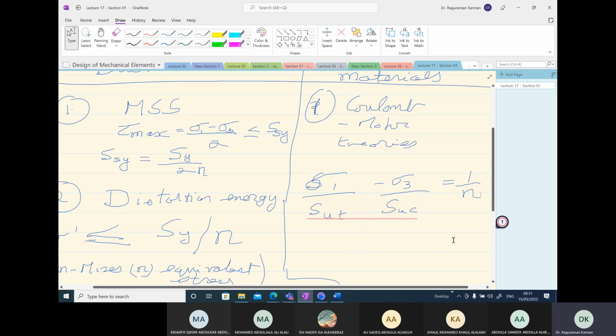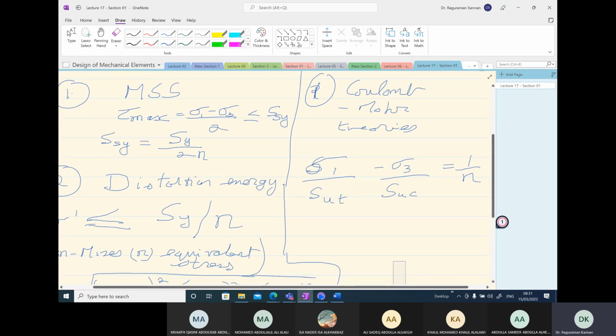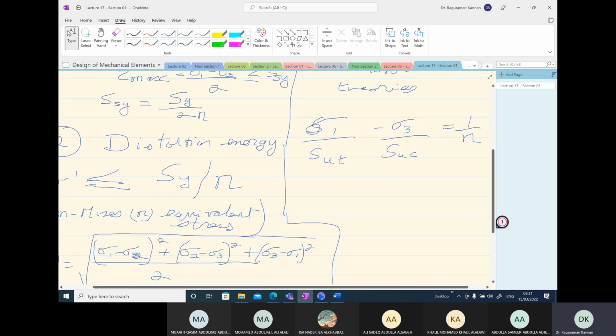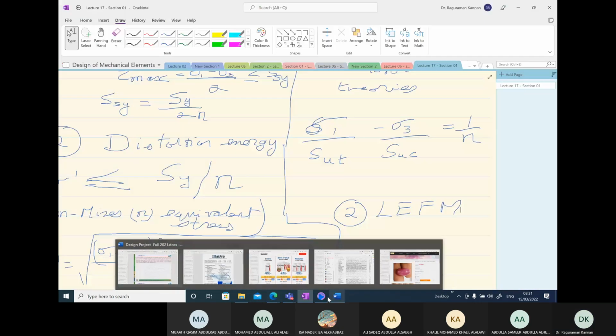Now, in case of brittle materials, we also have failure if fractures are present. So this is another theory, linear elastic fracture mechanics, and this is what we were going through. Okay, this is where we are, and let's continue with that.